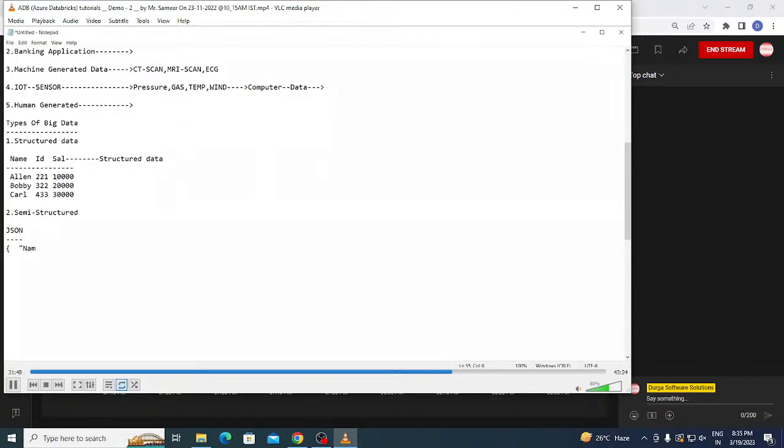Name under double quotes, then use a colon, ALN. Now, guys, use a comma. After this, use it again: ID. Since it's numeric data, you can place it normally.